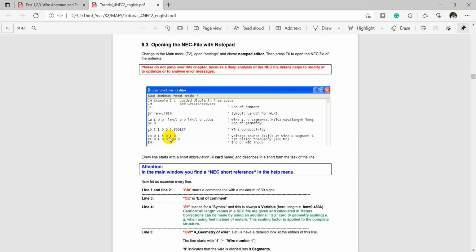Then the 1 is the real part of the voltage source. If you consider the voltage source 1 plus 0, then 1 is the real part and 0 is the imaginary part. The real part is 1 and the imaginary part is 0, and by default they take the voltage magnitude and phase as 1 and 0.